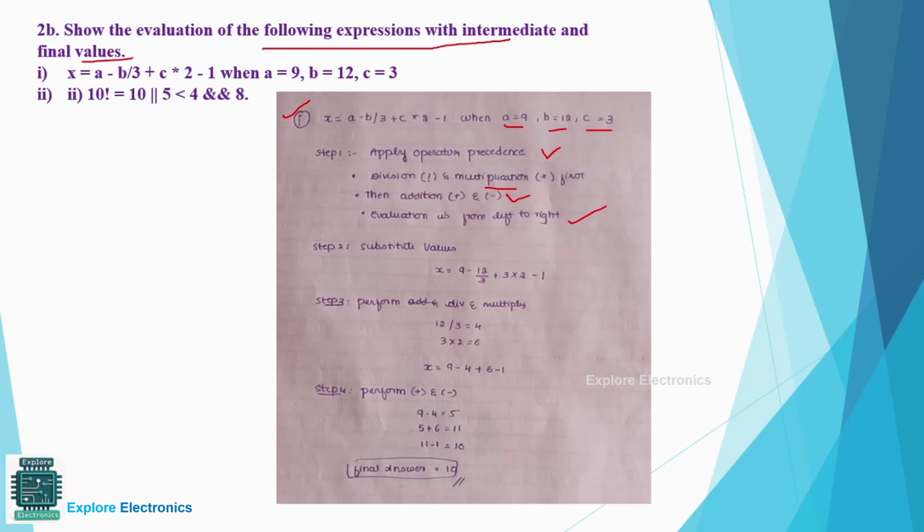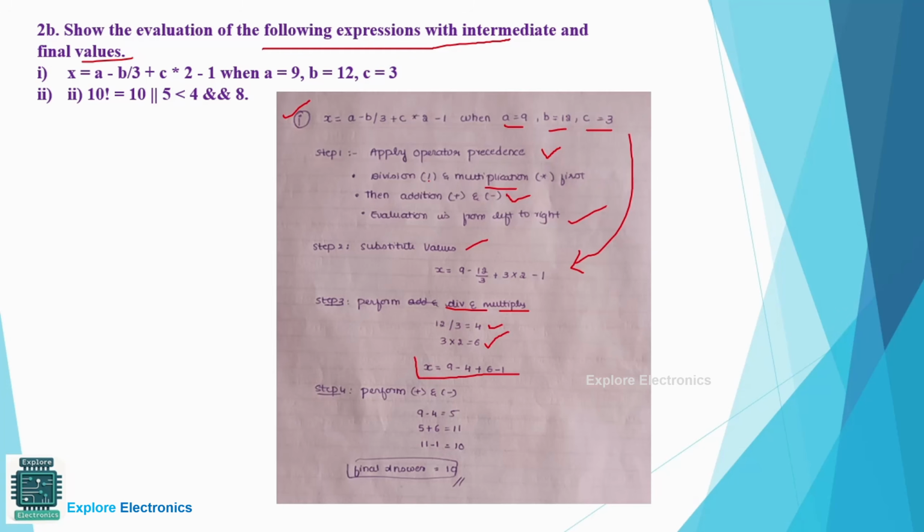Now let's get started. First, we need to substitute values. See, A is 9, B is 12, C is 3. We need to substitute here. Then we need to perform the division and multiplication operations. When we perform the division, that is 12 by 3, we get 4 as the answer. 3 multiplied by 2 gives 6 as the answer.